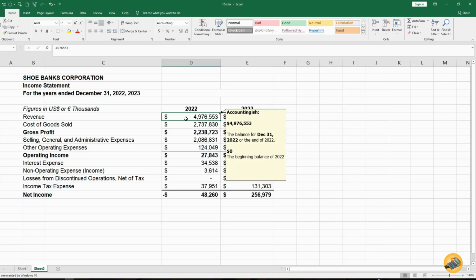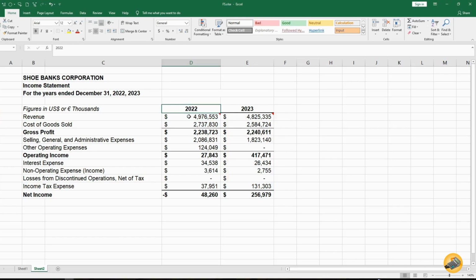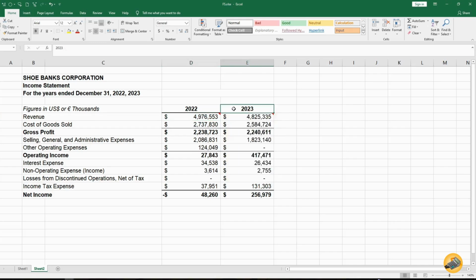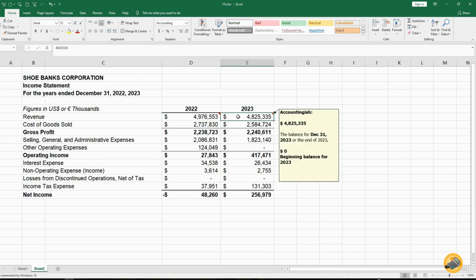Temporary accounts, or the income statement accounts, zero out at the beginning of the next accounting period. That means this balance for 2022, 4,976,553, will not be carried over to 2023.